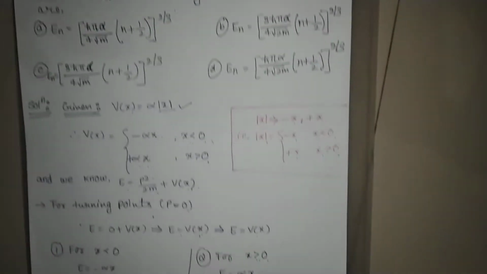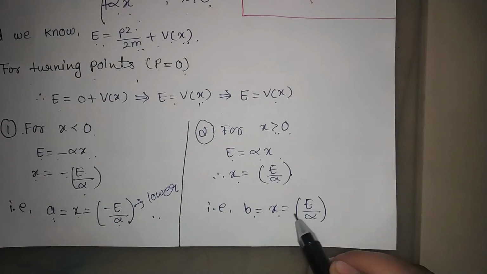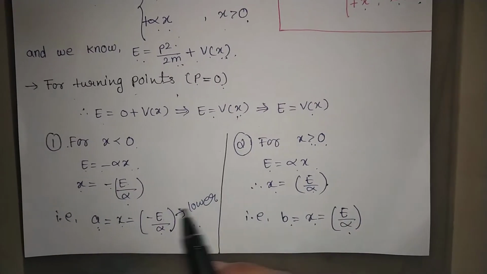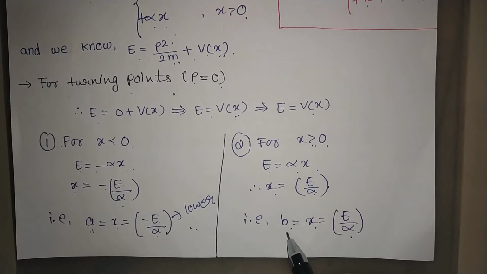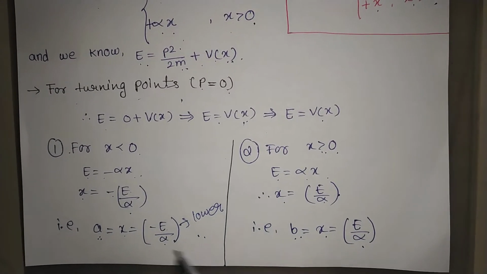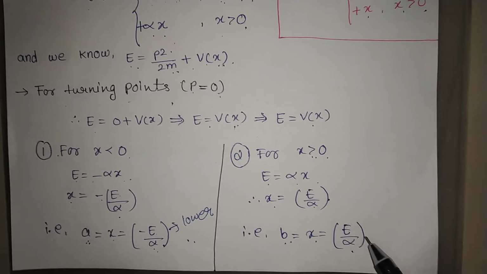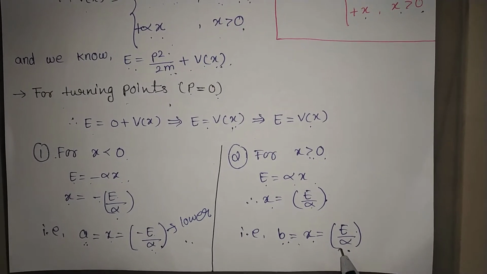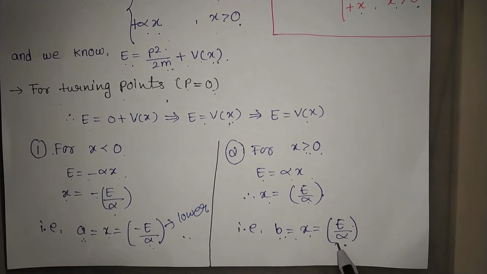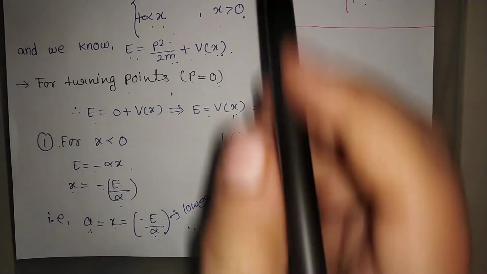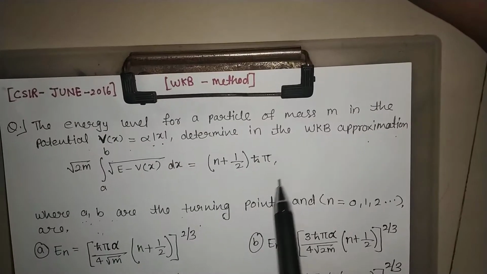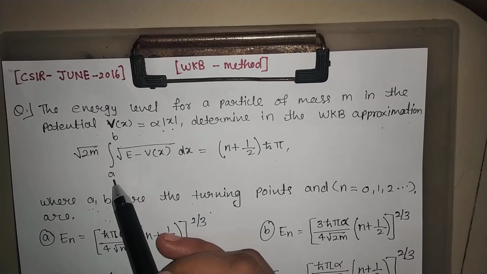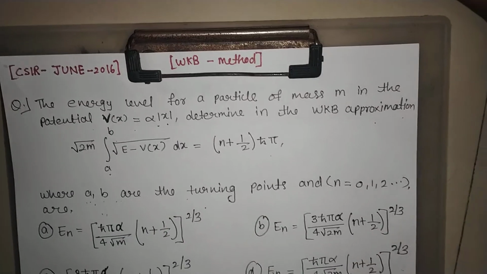So we write b equals x equals E by alpha. From this we have got the values of a and b, that is the limit from minus E by alpha to E by alpha. Now to solve further, we will take the given integration, because now we have got the values of a and b.